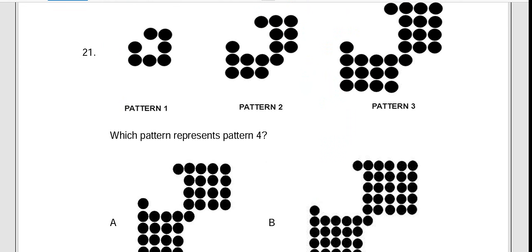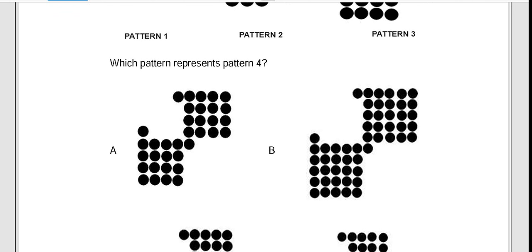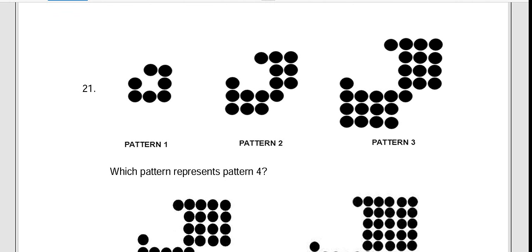So number 21: pattern 1, pattern 2, and pattern 3. Which pattern represents pattern 4? From this, let's count the shaded circles. How many do we have here? 1, 2, 3, 4, 5, 6, 7. We have 7 shaded circles.